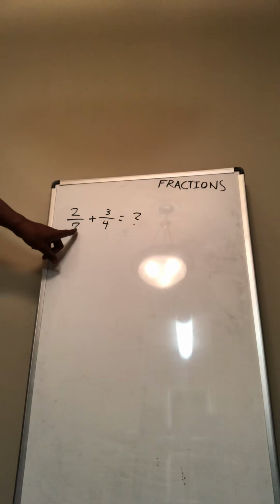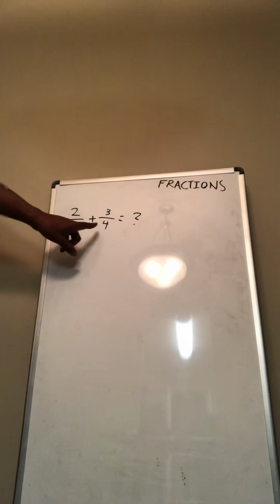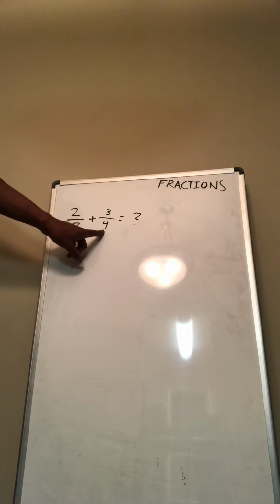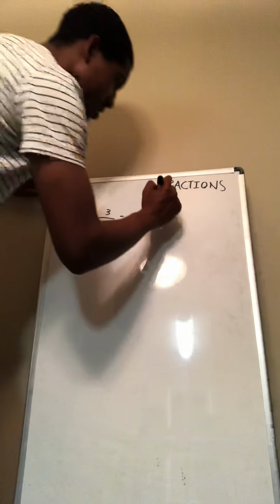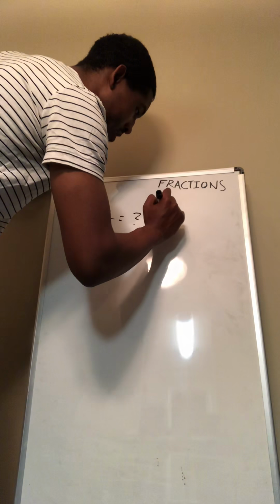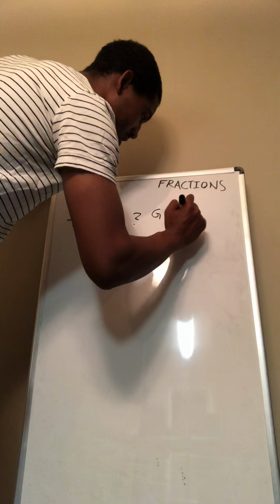So the denominator in the first one is 7, and the denominator in the second one is 4. So usually when we're solving fraction problems, we would say, how can I make the denominators the same? And usually you want to solve for your greatest common factor, or GCF.